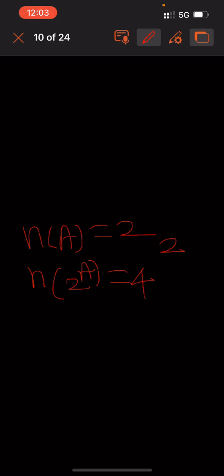See, 2 power A, here 2, so 2 power 2 is 4. So how to calculate number of elements in power set? 2 power the number of elements in A. Here in the set A we have only 2 elements, so 2 power 2, that is 4. 4 elements we have in a power set.